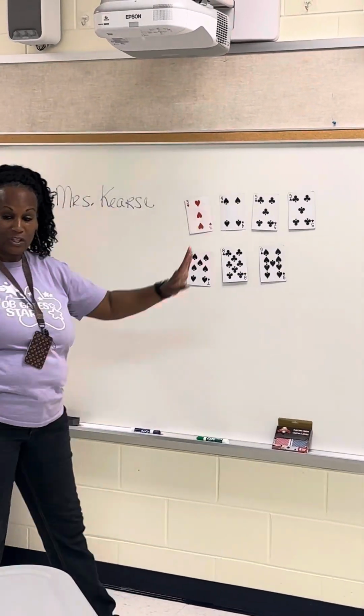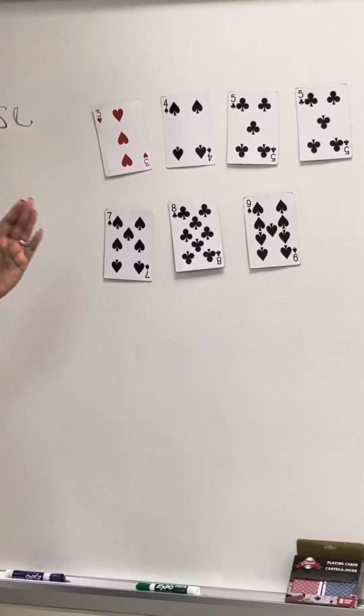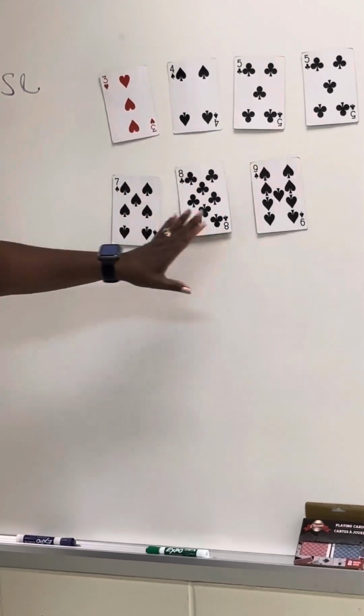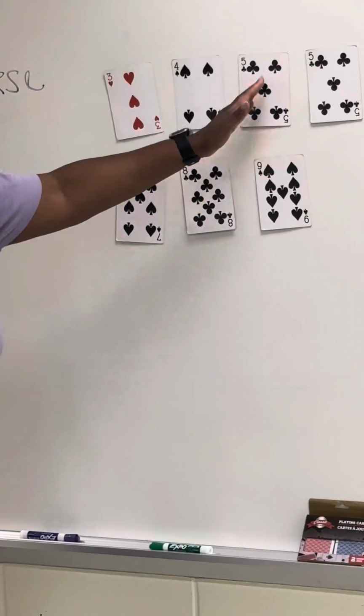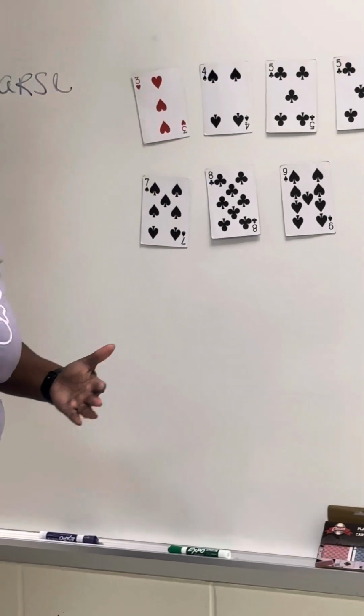Okay? So those are my numbers. And so now when I want to find the mean, I put them in order and I counted 1, 2, 3, 4, 5, 6, 7, and now I'm going to divide, right?